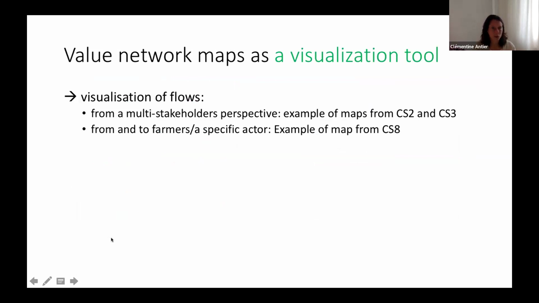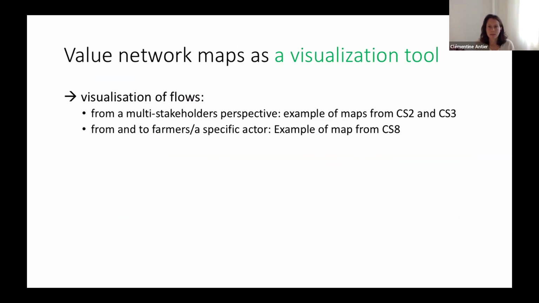And I want to quickly present you 2 things that we can do out of these value network maps. So first, we can use the value network maps as a visualization tool.